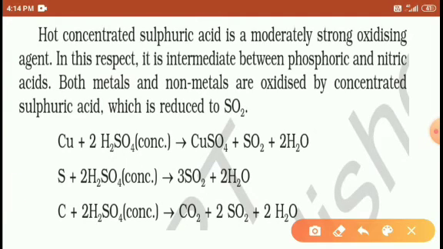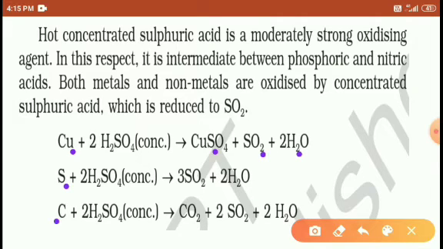Hot concentrated sulfuric acid acts as a strong oxidizing agent, intermediate between phosphoric acid and nitric acid. Both metals and non-metals are oxidized, and sulfuric acid is reduced to SO2. Here copper reacts with sulfuric acid to form sulfate, SO2 and H2O.